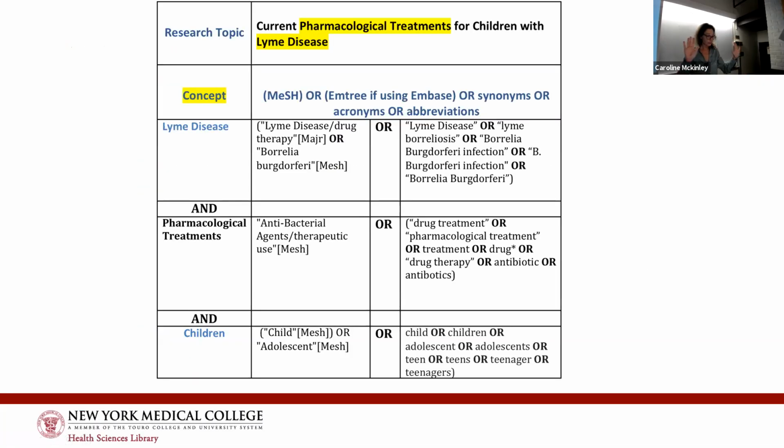This is more sophisticated searching, and you're going to be doing this, but you're not going to be starting out this way, and it's actually very easy. You can search one of two ways. You can go into PubMed and see if there's a MeSH term, a MeSH concept that handles Lyme disease.